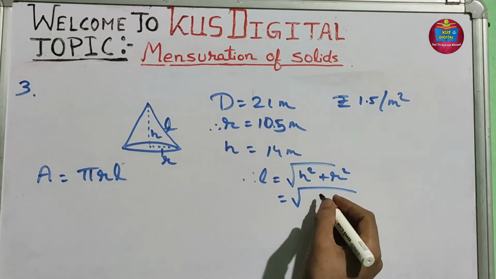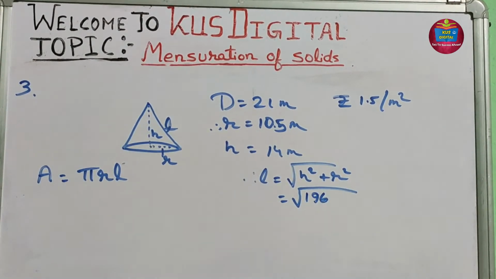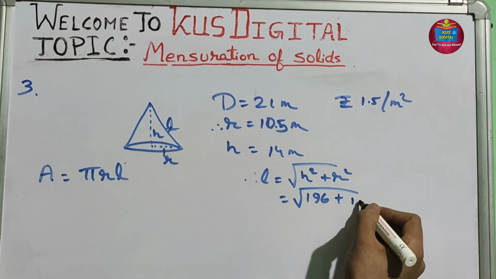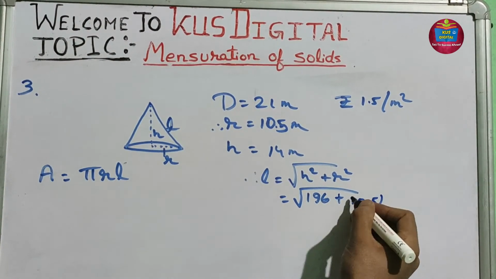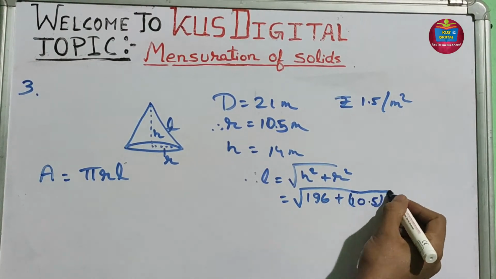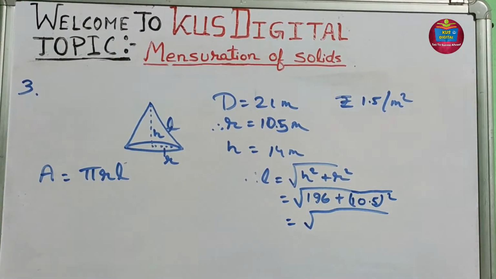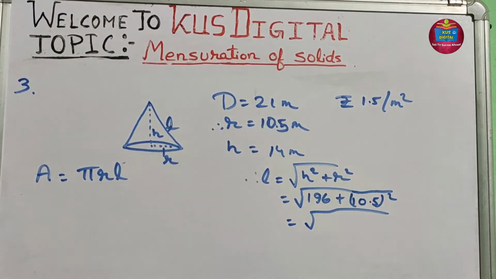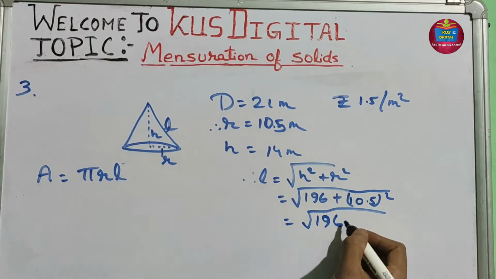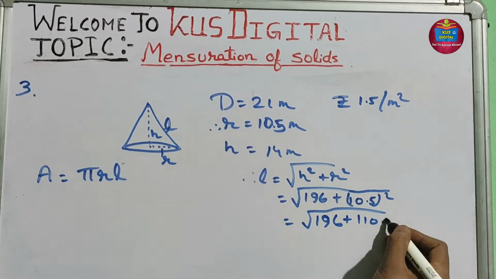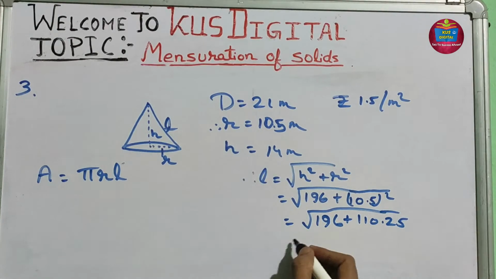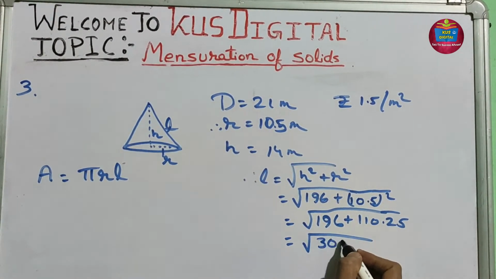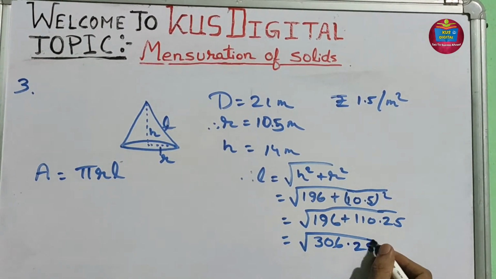So 196 plus R square, that means 10.5 square. Equals to, now 10.5 square, if you just calculate it, it will come to be 110.25. So equals to 306.25.